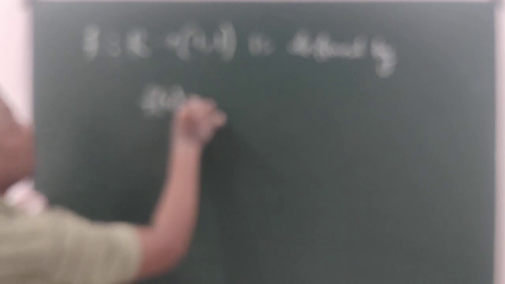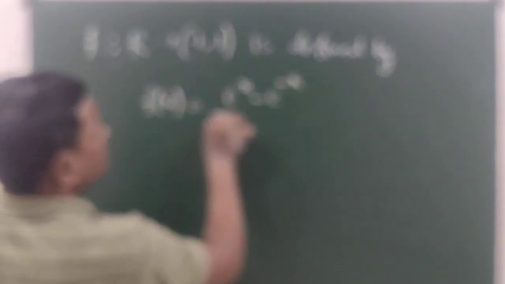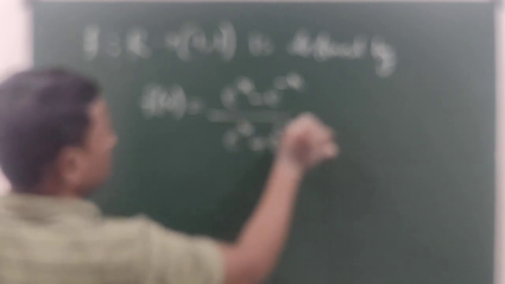See here, f of x, f maps from R to the open interval of -1 to 1, is defined by f of x equal to e power x minus e power minus x by e power x plus e power minus x.